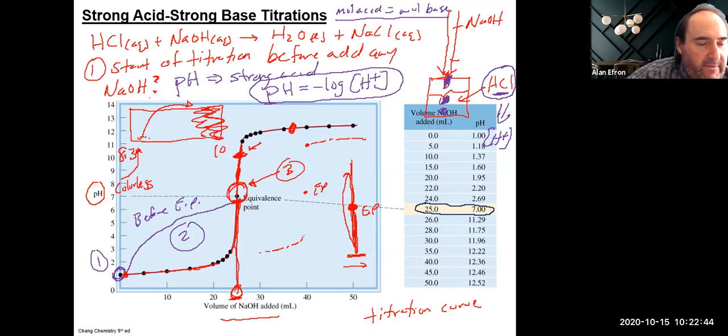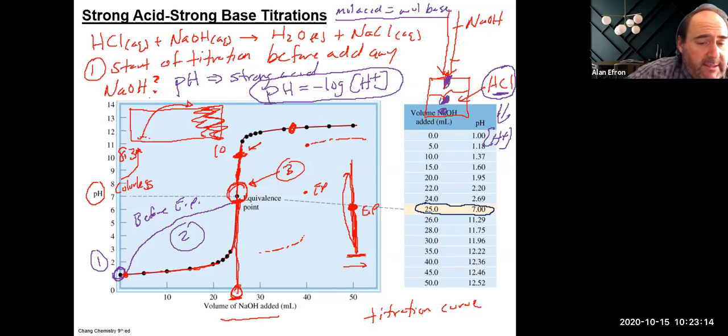So whenever you do this type of titration of a strong acid with a strong base, the only thing that you will be left with once you reach that equivalence point is essentially water and a neutral salt. And that neutral salt, again, will not go through hydrolysis and will give you a pH of 7. Any questions up to that point there?